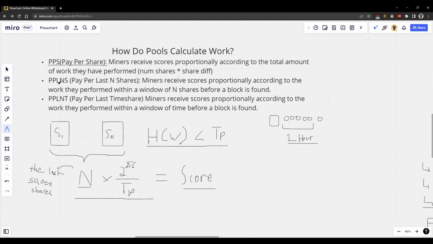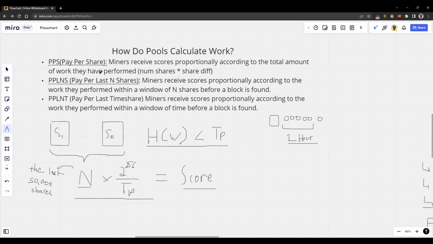Now let's look at the PPLNS algorithm, pay per last n shares. This algorithm works a little differently, and it relates to something called pool hopping, which I won't go into because it's not too relevant. The point is that instead of evaluating all shares a miner has submitted to the mining pool, we only evaluate shares that were submitted within some period of shares submitted by the entire pool. Let's say a block is found.